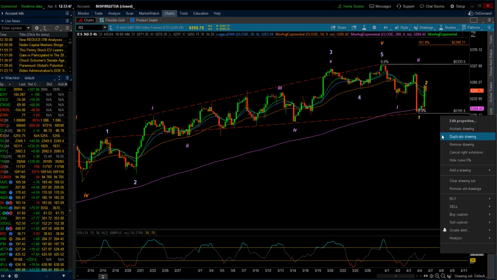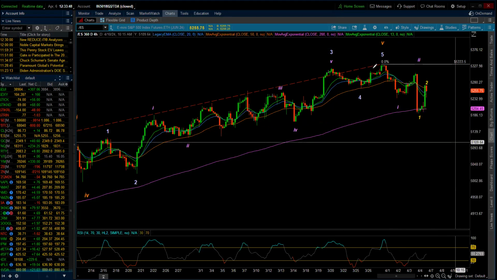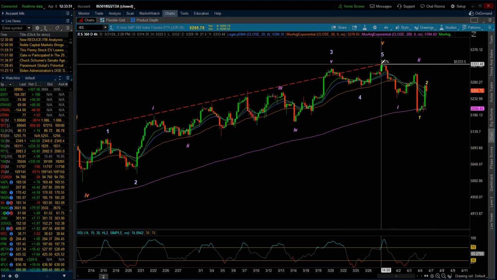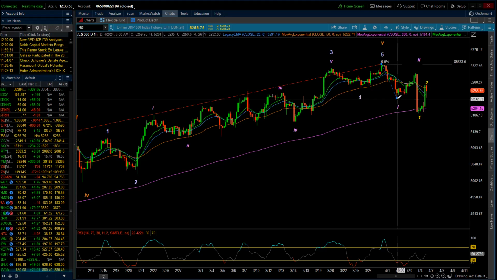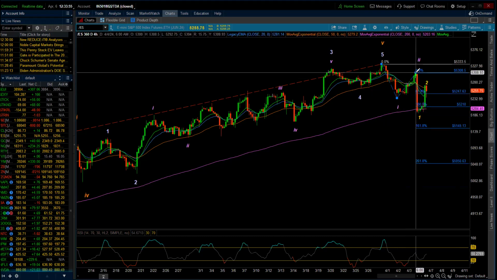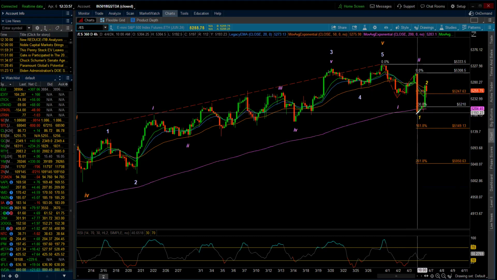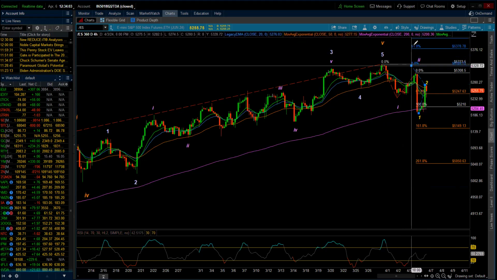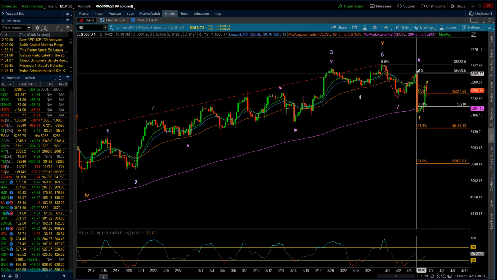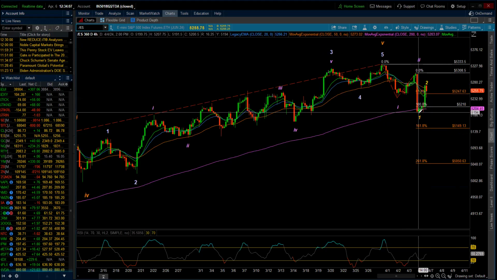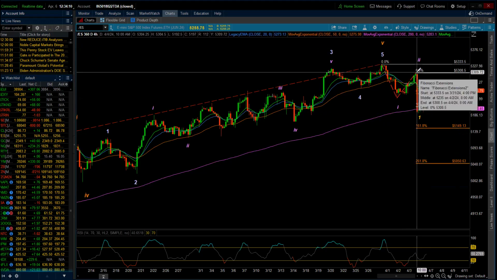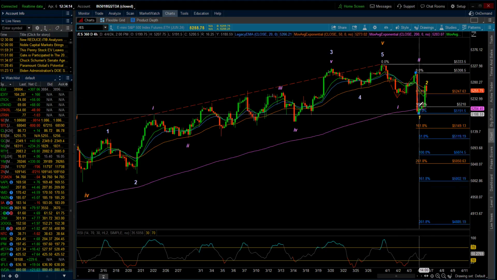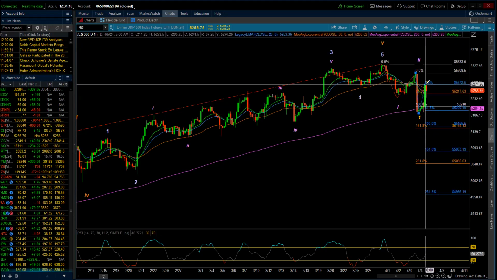If we start to gap lower, let's look at where our fibs are going to line up for a downside move. So we have that, and then we've got one more that we can put in. I've got to go from here to here.